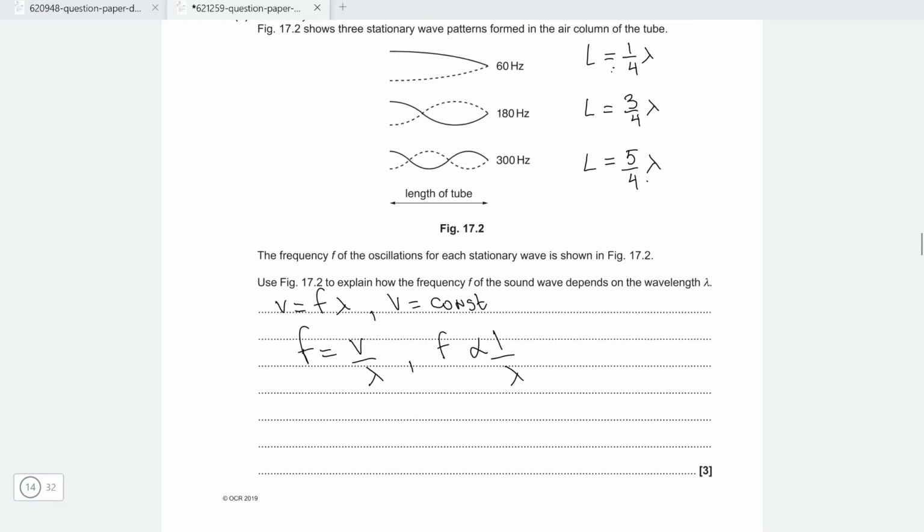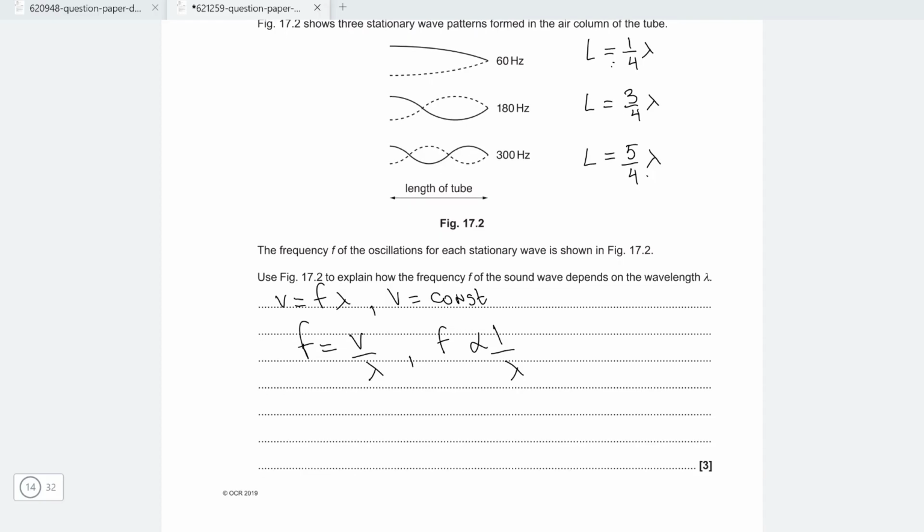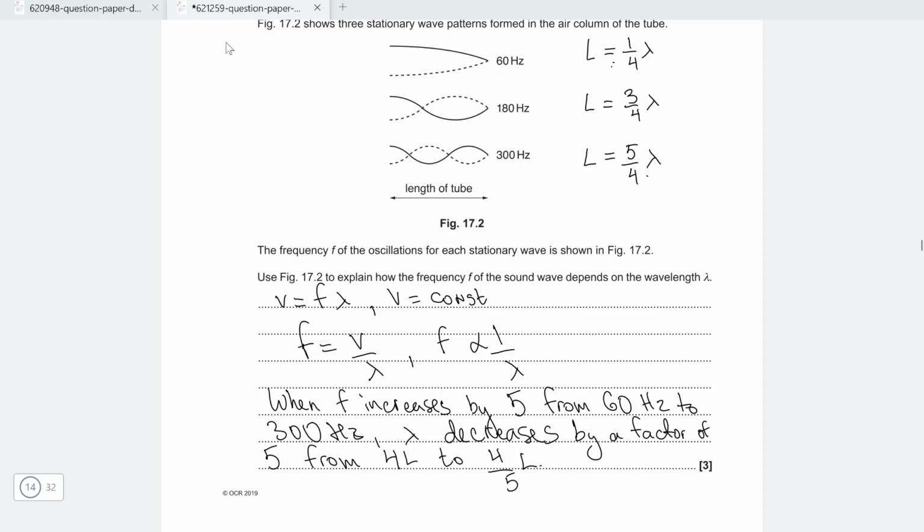For instance, when the frequency increases by a factor of 5, so let's just say from 60 hertz to 300 hertz, then your wavelength will be decreasing by a factor of 5, from 4L to 4/5 L. Now, how did I get those values?